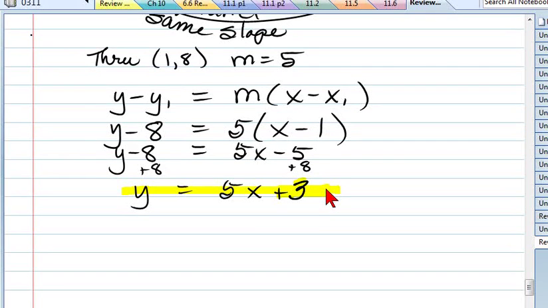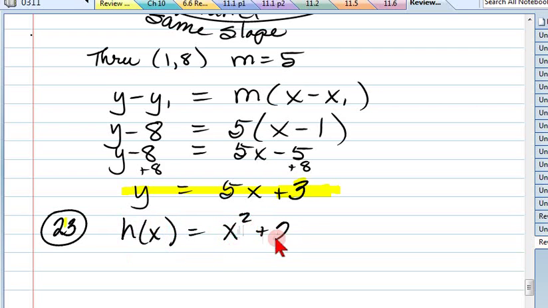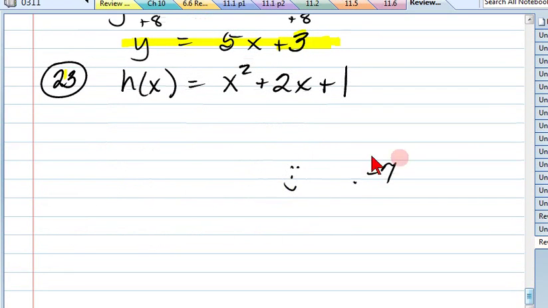Function notation was something else that came in that 3, 8, 9 little group that we did. Your calculator might be helpful on these problems. On number 23, we have h of x is equal to x squared plus 2x plus 1. And you are asked to find h of negative 2.